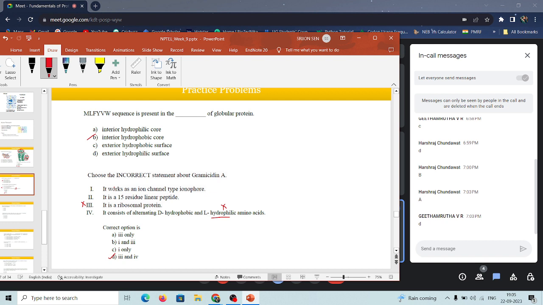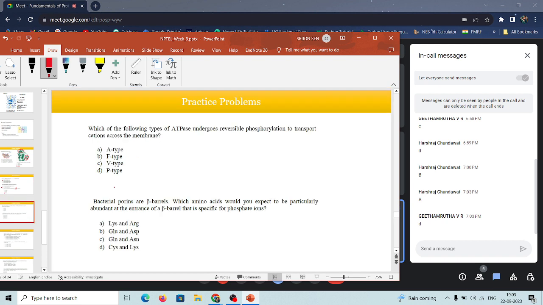Okay, next one. Which of the following types of ATPase undergoes reversible phosphorylation to transport cations across the membrane?